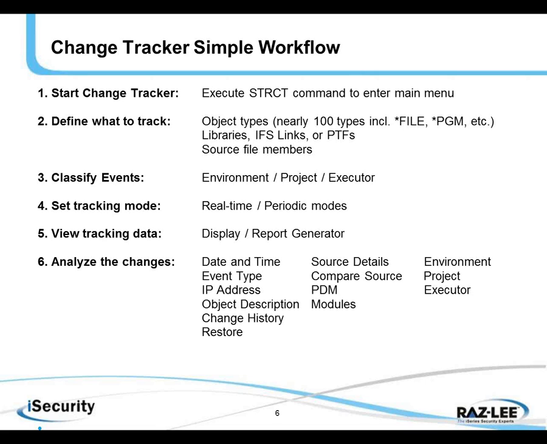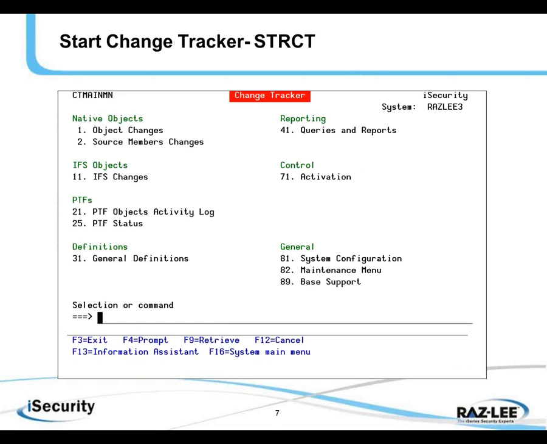View the tracking data, reporting. This is a very basic part of Change Tracker, producing the reports, whether on the screen, as spool files, or as files such as PDF or HTML, and analyze the changes according to these parameters that you see here, and there are others as well. So it's a simple workflow.